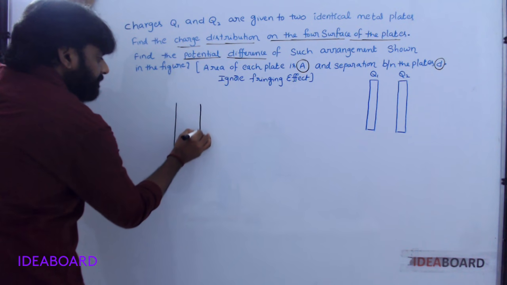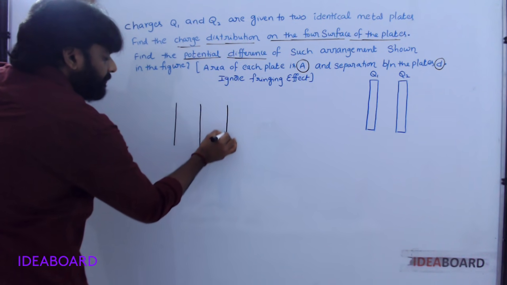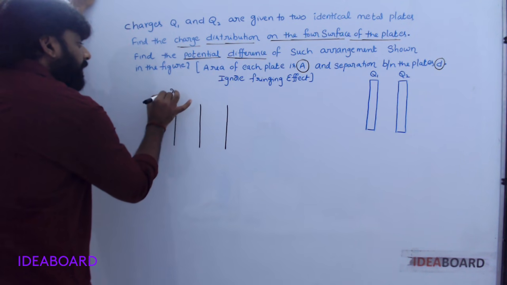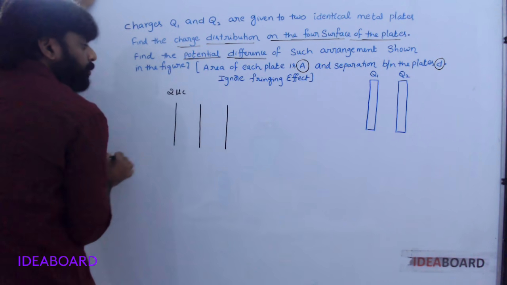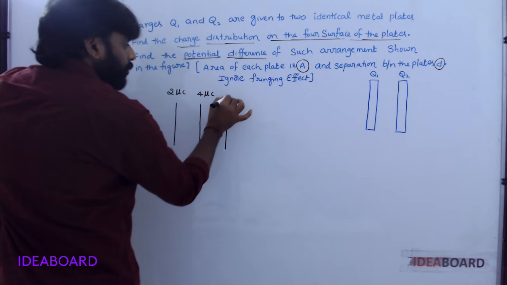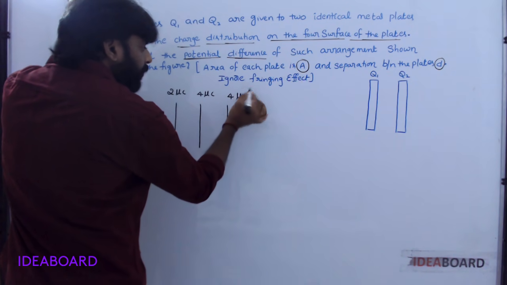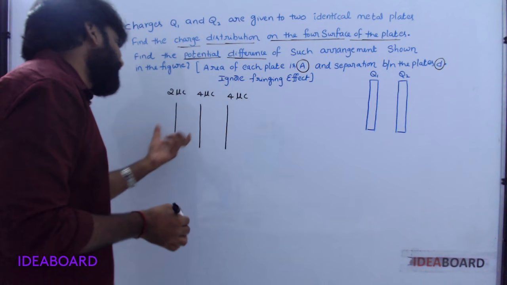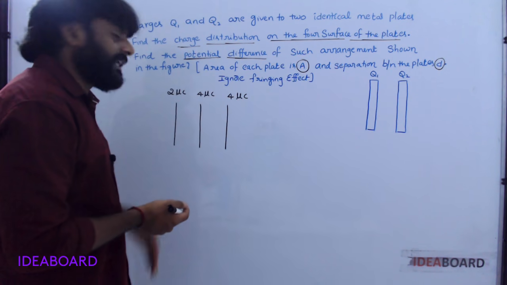Consider three plates. Its charge is 2 microcoulomb, its charge is 4 microcoulomb, its charge is 4 microcoulomb. How is the charge distributed on the surfaces?